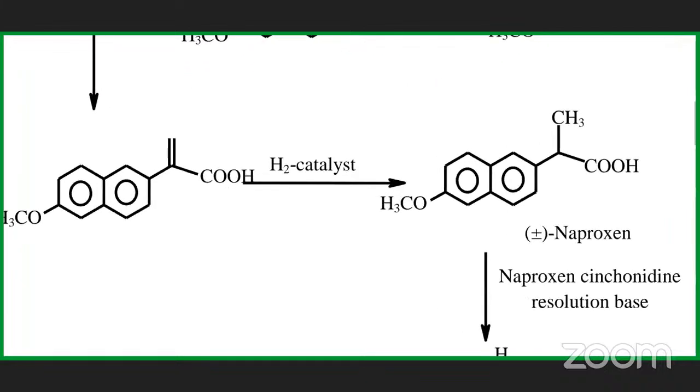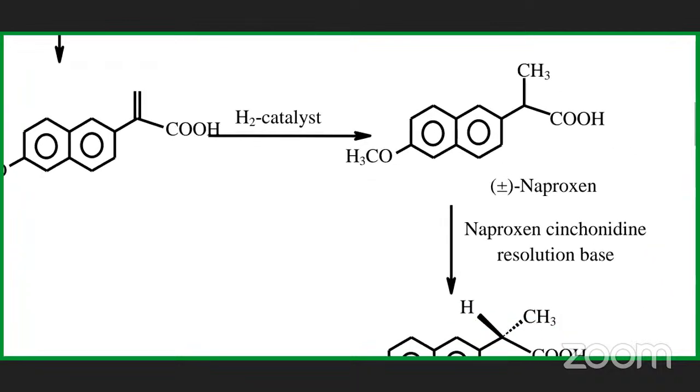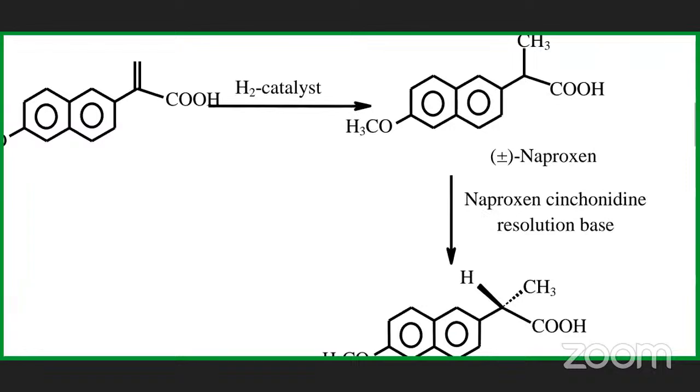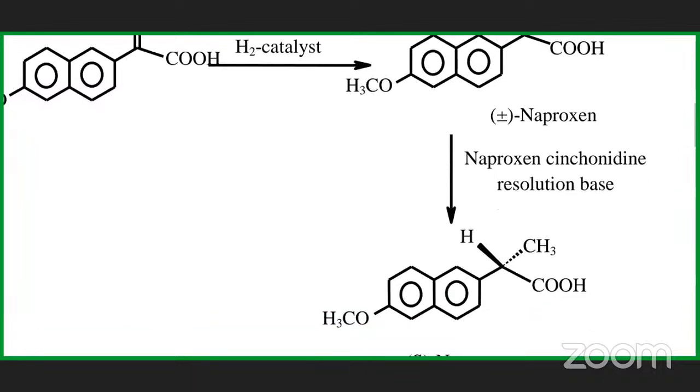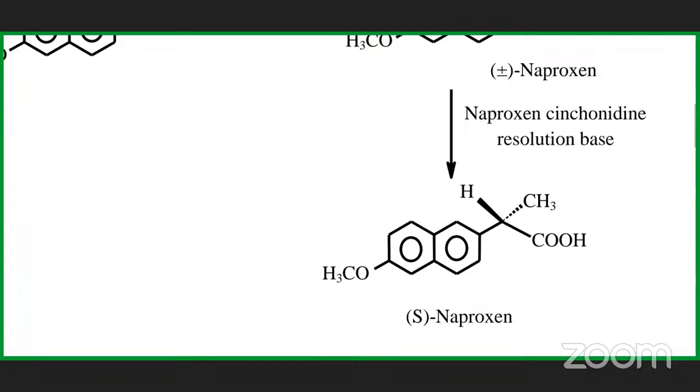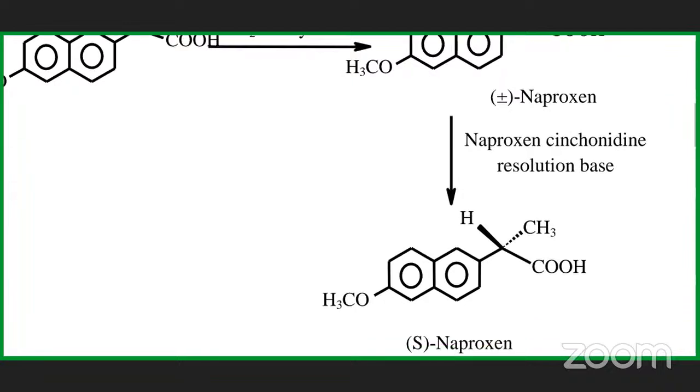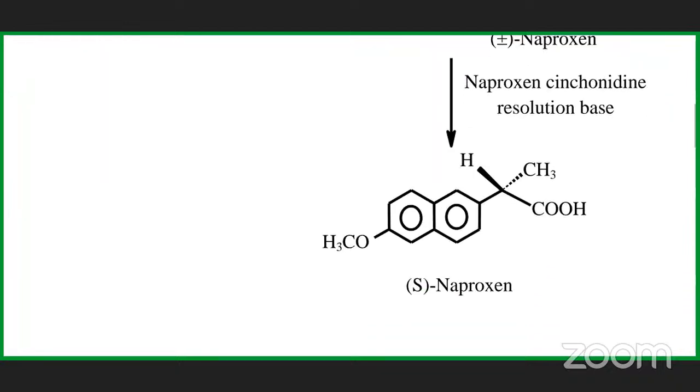The unsaturation becomes saturated, and we get the racemic mixture of naproxen. Further, we do the resolution process using cinchonidine, which is a base compound that resolves the racemic mixture of naproxen and separates out the naproxen.